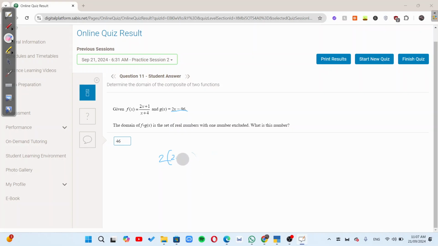So, yeah, it's 2x minus 96 plus 1, because you're substituting this in every time you see x, over 2x minus 96 plus 4. Let's solve the top first.